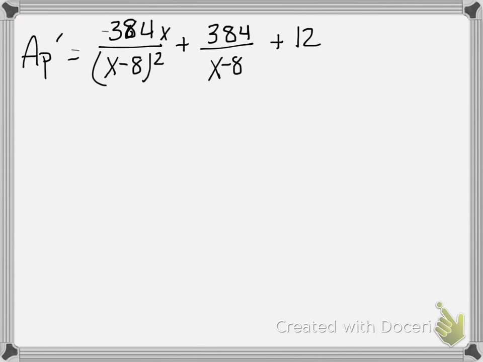So you can see here we have a fraction and a fraction, and the denominators are not the same. So in order to add those, we need to get a common denominator. So to do that, we can see the (x minus 8) squared of our first fraction would be a good place to try to get the other one too.